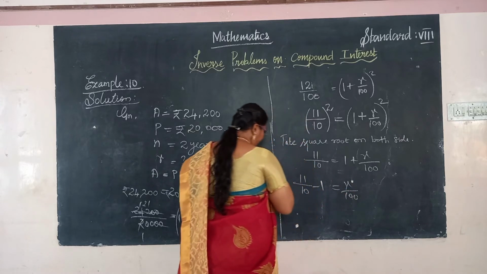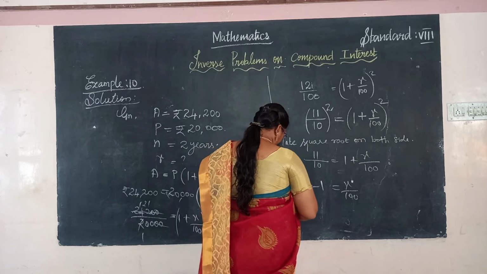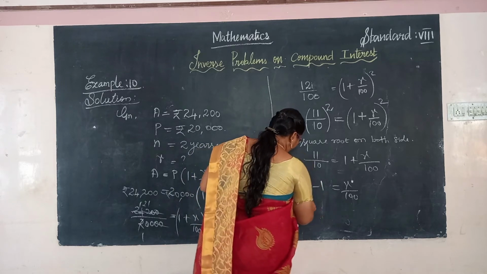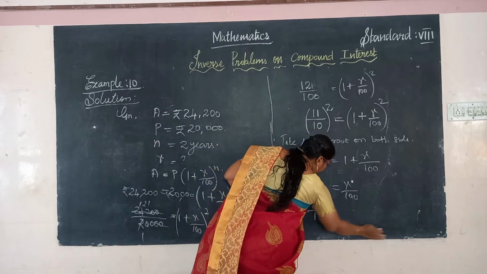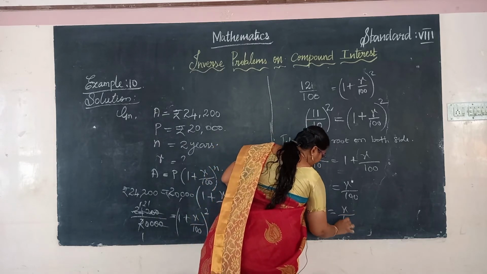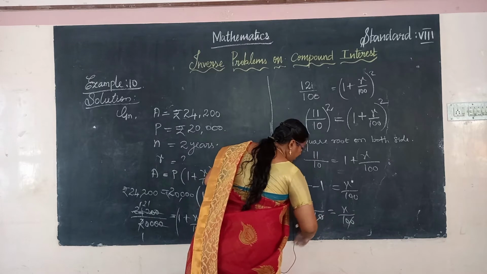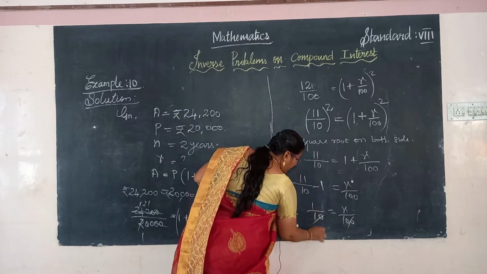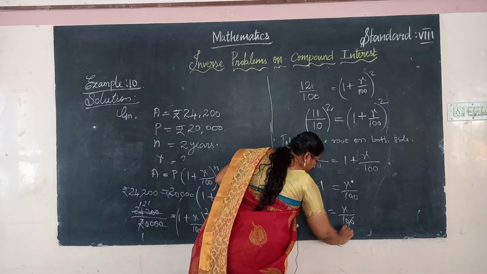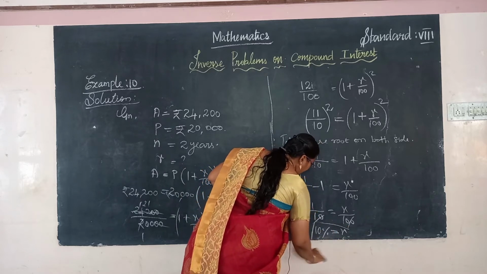Take LCM. So 1 by 10 is equal to r by 100. 0 0 we cancel. So 10 comes to this side as numerator. So r is equal to 10%.